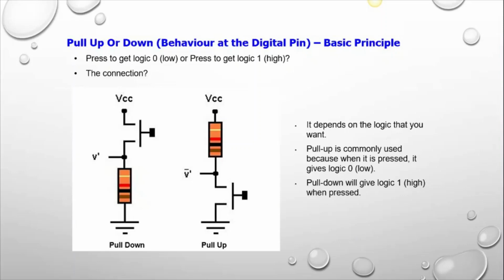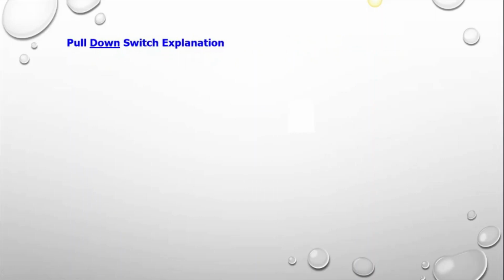If you want logic 1 when you press the button, you can use a pull down resistor. If you want logic 0 when you press the button, you can use a pull up resistor. Why? I will explain in detail.